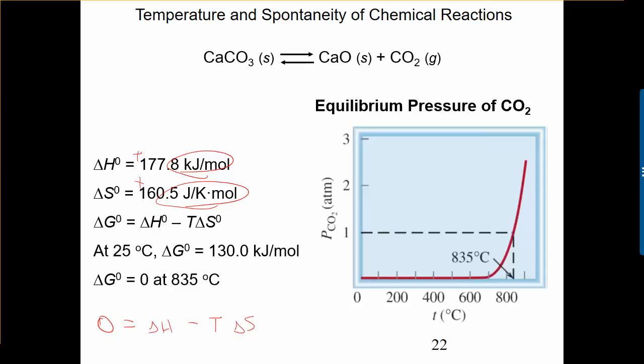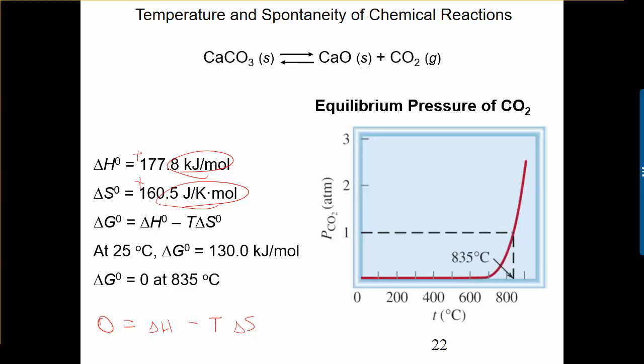Delta S's are in joules. That doesn't work. You have to have them in the same units in order to use them. So you've got to convert one or the other. You could convert your delta H to joules, and then you would be able to use it. And then you're going to find a Kelvin temperature, and you're going to have to put it back to Celsius, and then that would describe what's happening here.